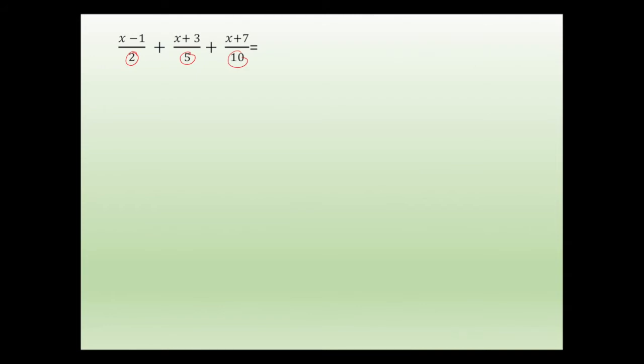What we can do in this case is multiply the first term, x minus 1 over 2, with 5 over 5, because we want to change the denominator to 10. And the next term, x plus 3 over 5, with 2 over 2, so that we can change the denominator to 10. While the third term, we do not have to do anything at all. We keep it as 10.